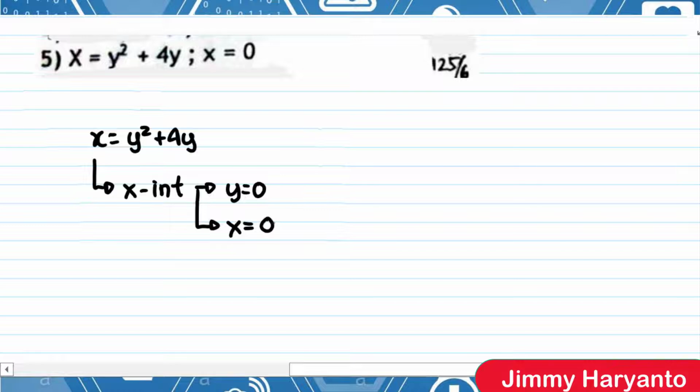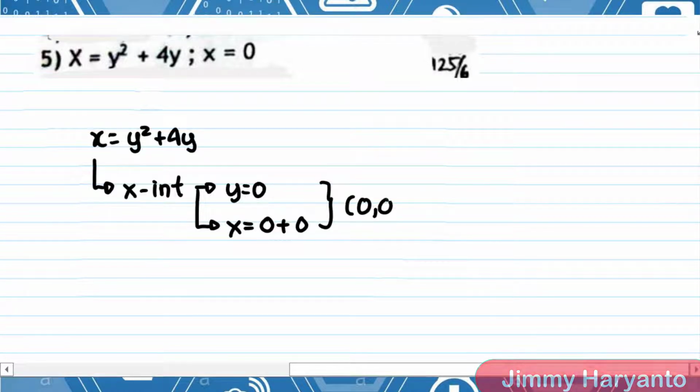Next is number 5. For number 5 we have this curve x equals y square plus 4y. That means we have to do some calculations before we sketch. The first one is the x-intercept. To find the x-intercept, that means y equals 0. Y equals 0 means x equals 0 plus 4 times 0, which is 0. So the x-intercept will be (0, 0).